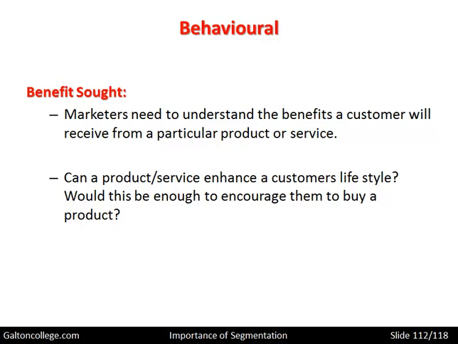So it's very complex, because we have to take into account the price of the product, the image of the product, the durability of the product, the attributes, the design, the innovation. We have to take many aspects into account. But the customers are looking for benefits from the product.